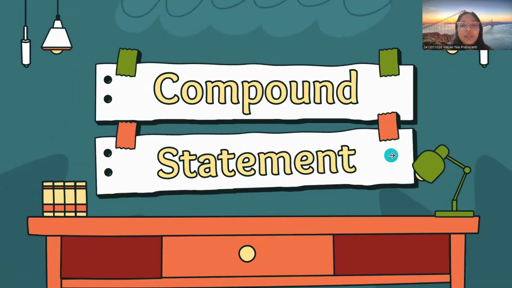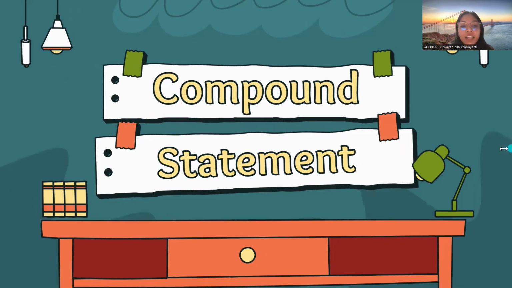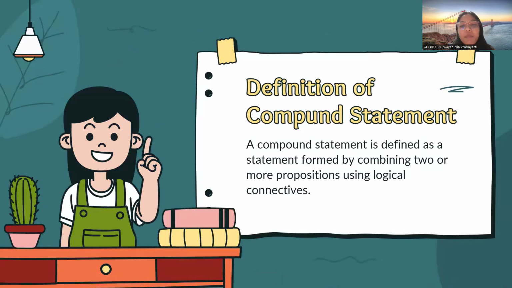Okay, let's move to the next topic, which is about compound statements. A compound statement is defined as a statement formed by combining two or more propositions using logical connectives. In other words, a compound statement takes simple propositions, each with their own truth value, and connects them using a specific logical operation.